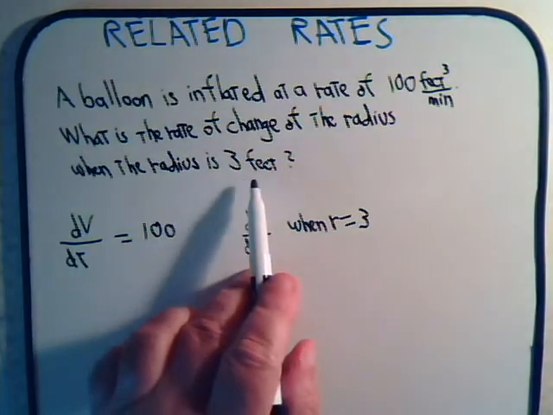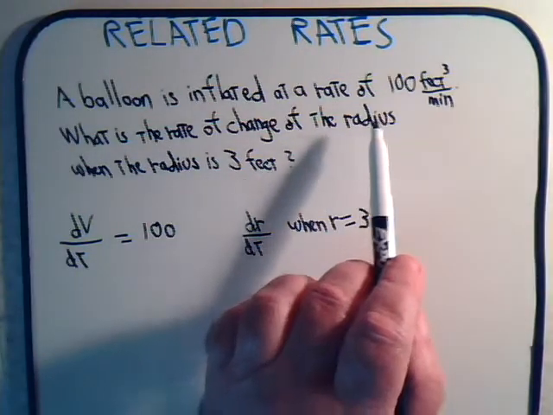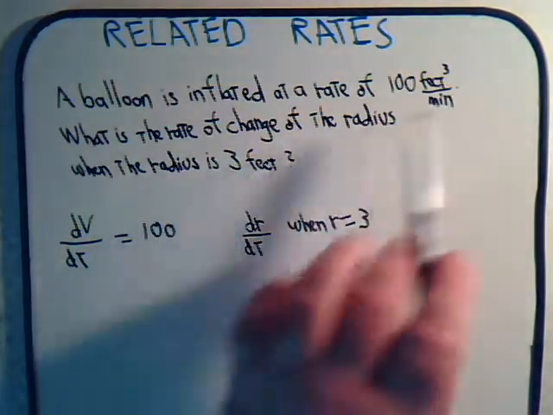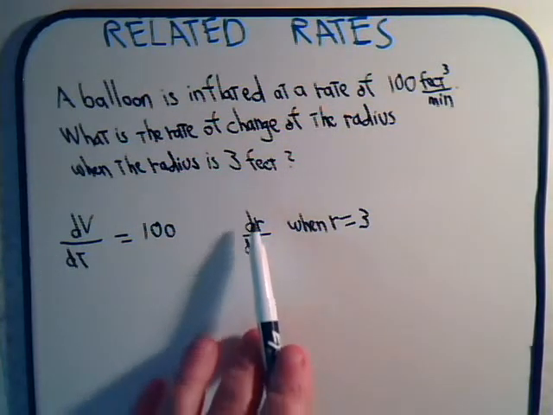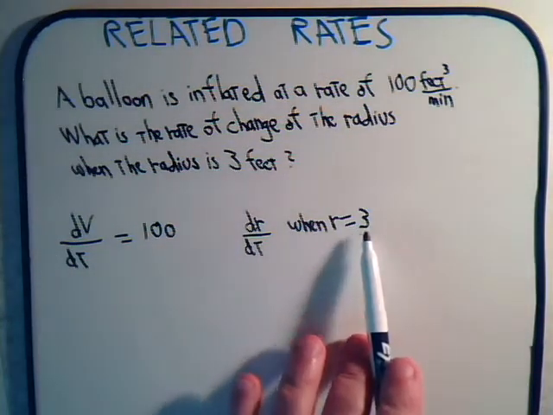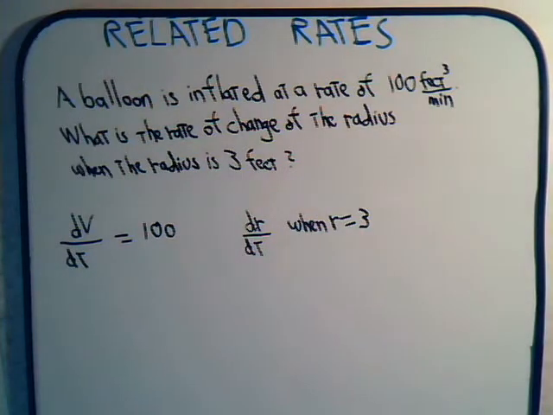Notice r is measured in feet, and the volume is in cubic feet, so we're using the same unit of measurement here. Okay, so we're given this information, and now we want to find out what this is when r has that particular value. So right now then, our next step is to seek an equation that relates the volume of the sphere to the radius of the sphere.